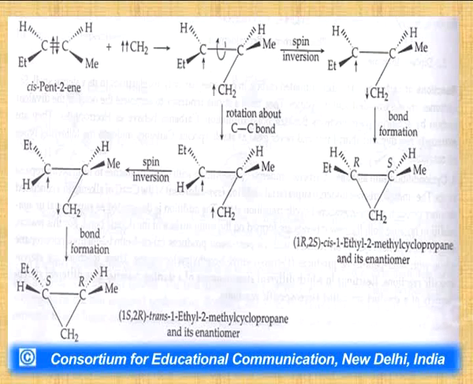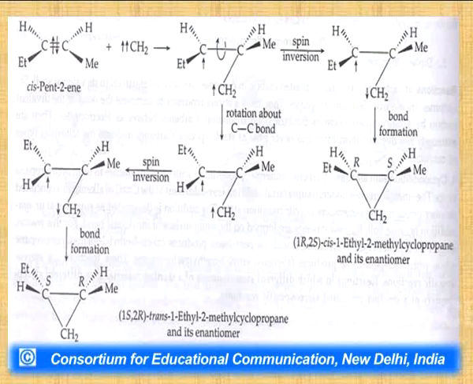When cis-pent-2-ene reacts with triplet methylene, you can see the product is 1S,2R, a stereoisomer, trans-1-ethyl-2-methyl cyclopropane and its isomer.